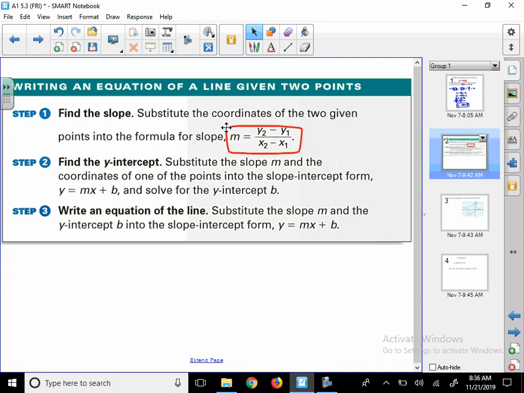Okay, then we're going to find our y-intercept. Okay, plug one of your points in to your equation and solve for b. Again, it does not matter what point you choose. You will get the exact same answer no matter what. And then once you have that y-intercept, make your equation look nice, neat, and clean. Give me that full equation with m and b filled in.